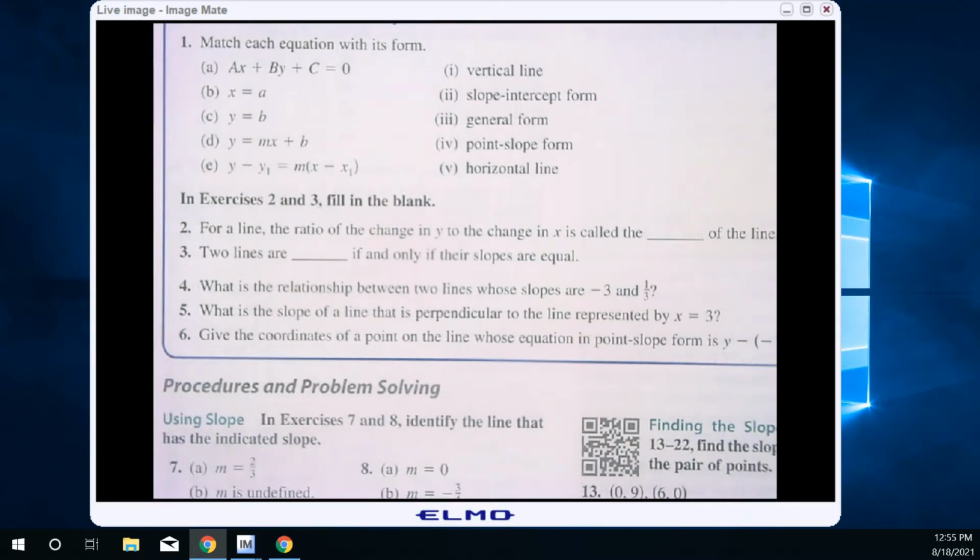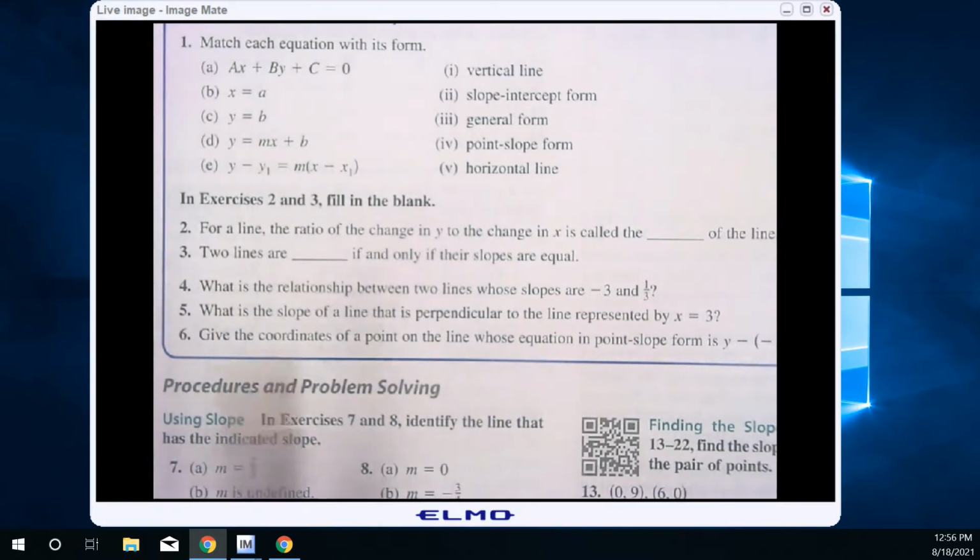The algebra 1 answer is slope. You are absolutely right. But does anybody call it anything else? Rate of change. Yeah, in calculus, we use rate of change. We don't call it slope. Either one of those would have been fine.